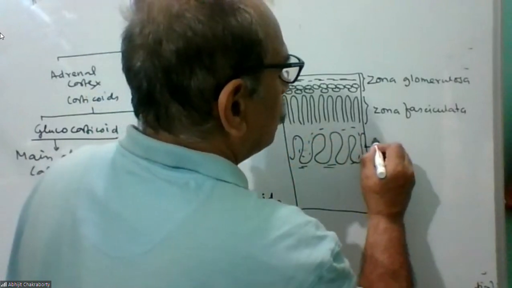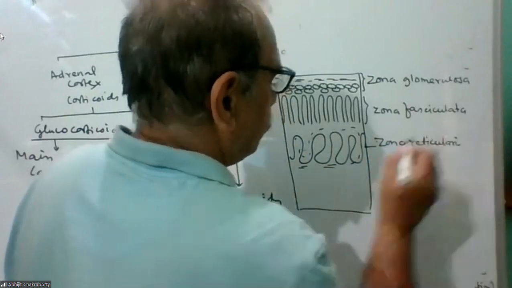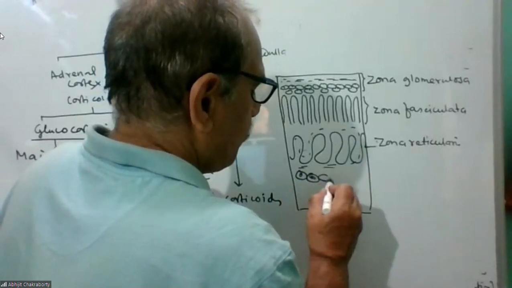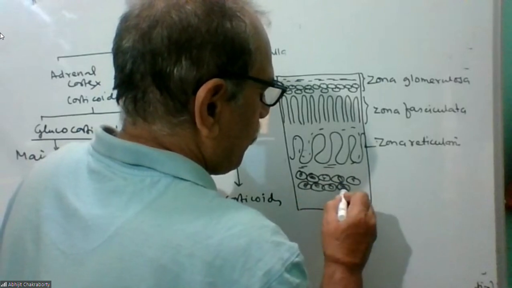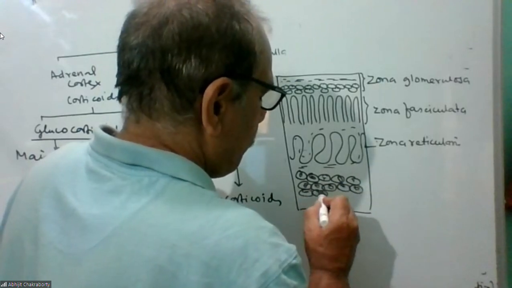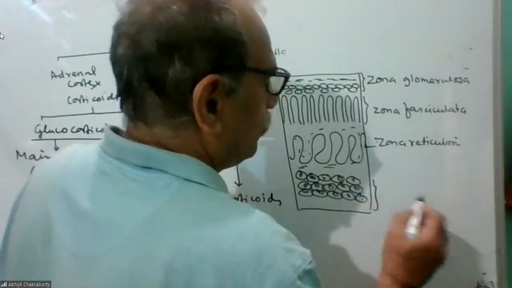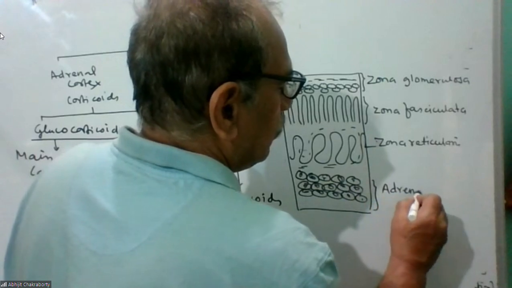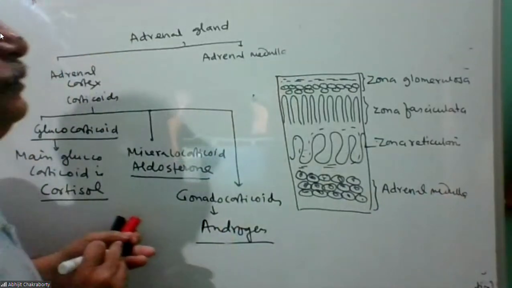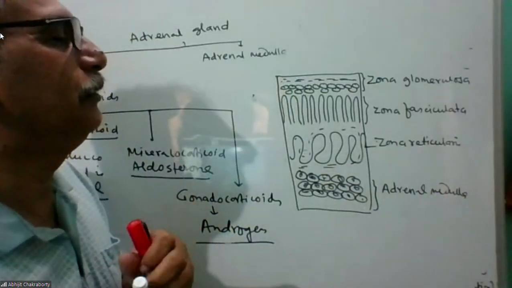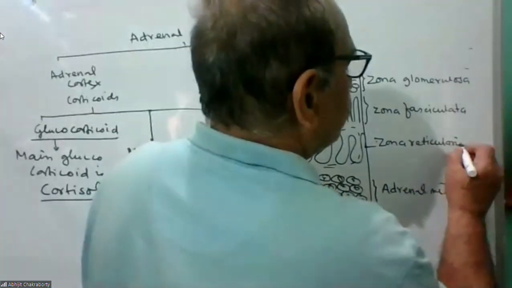This part is called zona reticularis. This part is called adrenal medulla. Zona glomerulosa, zona fasciculata, zona reticularis, and this is called adrenal medulla.